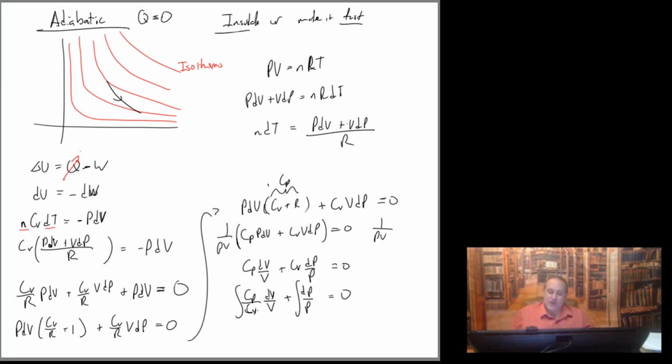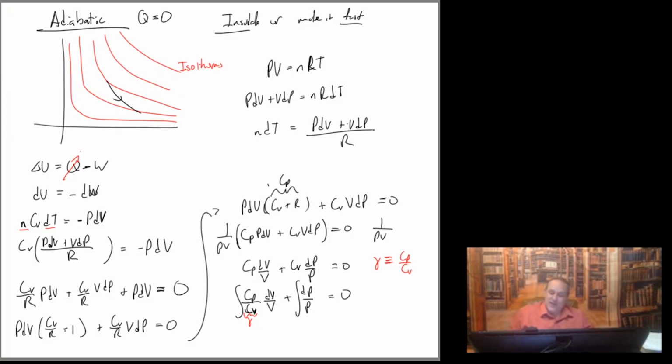Okay? So what else do we get? This Cp over Cv, it's customary to combine those into one constant and call it gamma. So gamma is defined to be Cp over Cv. An equal sign with 3 bars means it's defined. It's just a definition. We just define gamma to be that.